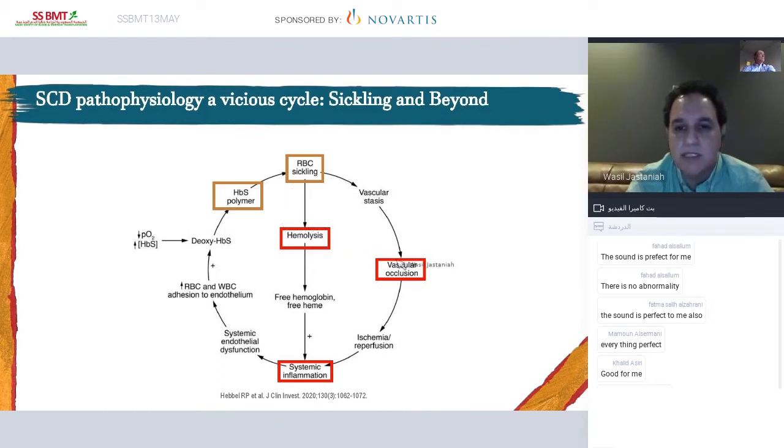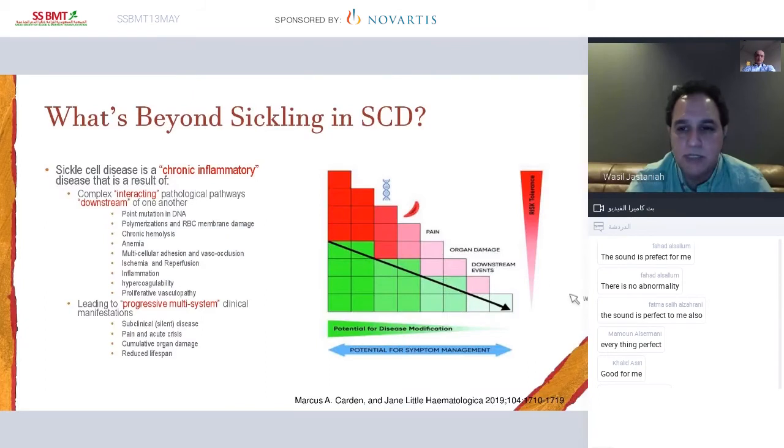And these main pathways are the hemolysis, vascular occlusion, and the systemic inflammation that happens in patients with sickle cell disease. So to answer the question of what's beyond sickling in sickle cell disease, I thought that I can come up with my own definition of how to define sickle cell disease today.